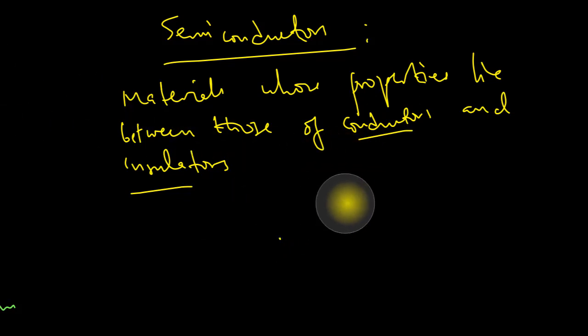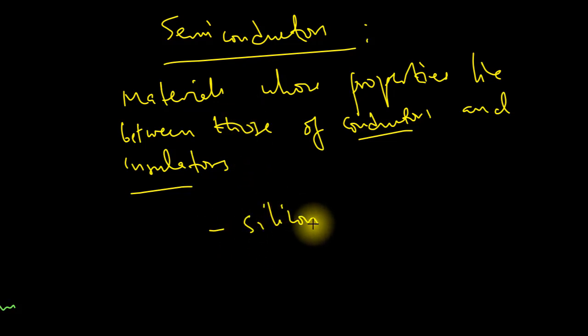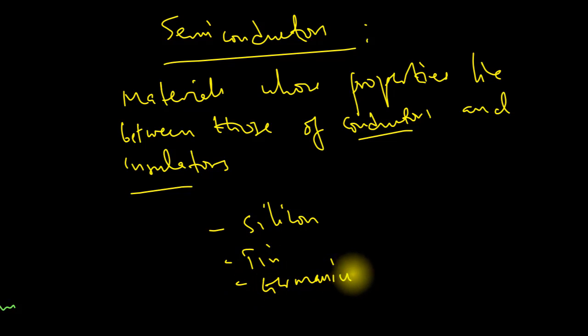Okay, let's look at some common examples of semiconductors. Mostly, if you look at group 4 elements in the periodic table, like silicon, tin, germanium, selenium, and others, are some examples of semiconductors.